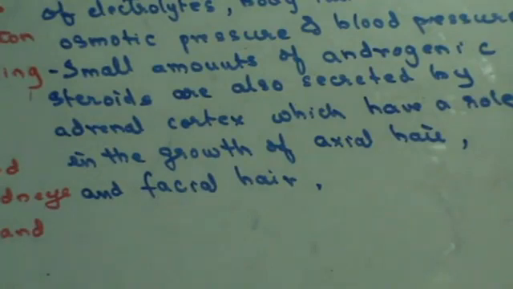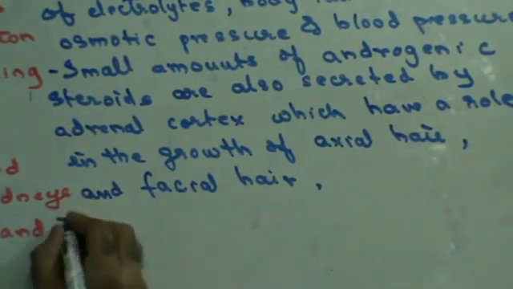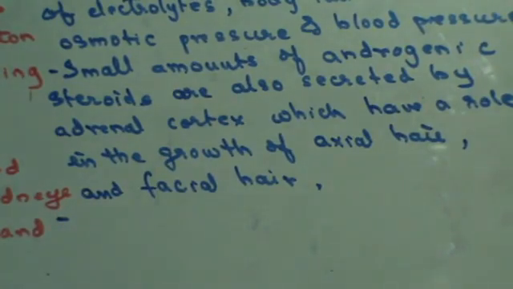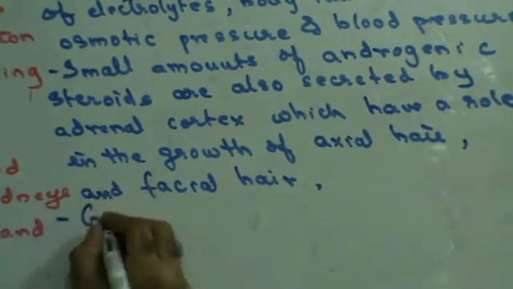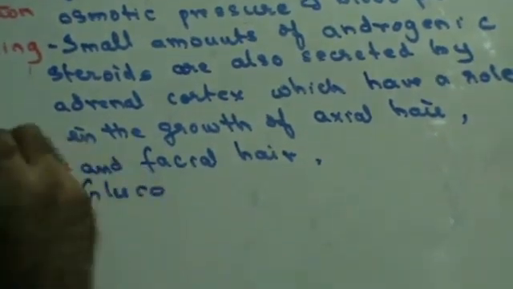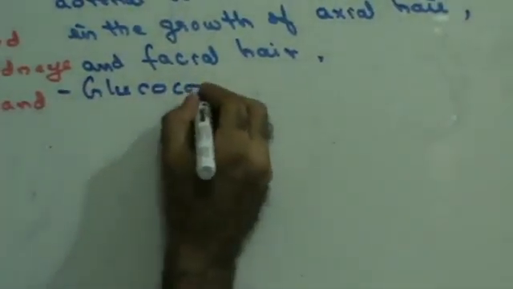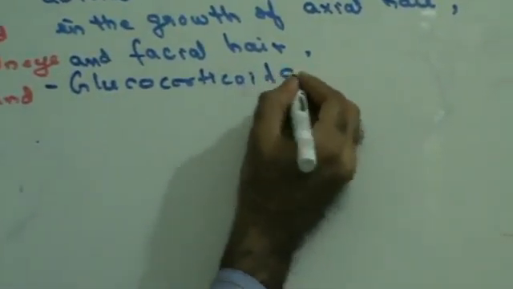Fine. Then you have the glucocorticoids, which are involved in carbohydrate metabolism, which stimulate the splitting up of carbohydrates. So you have aldosterone, then androgenic steroids, and the third is the glucocorticoids.